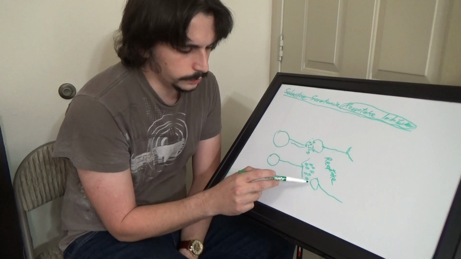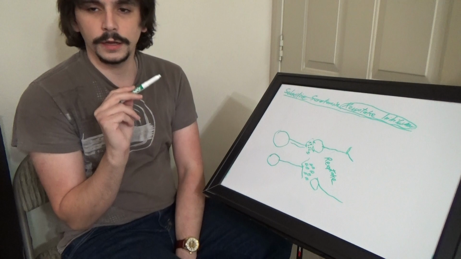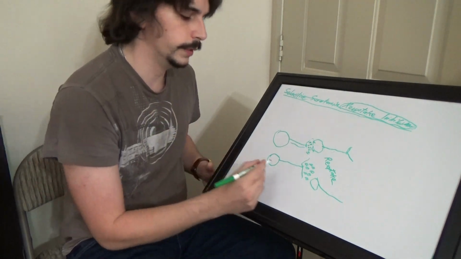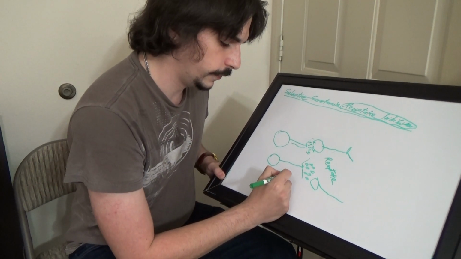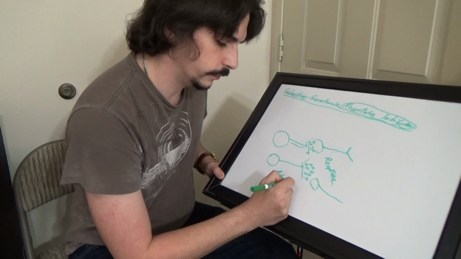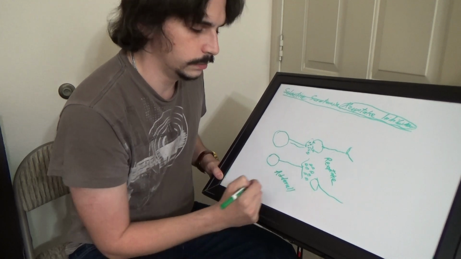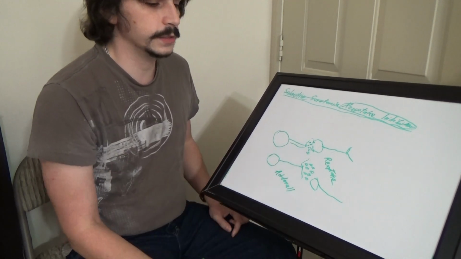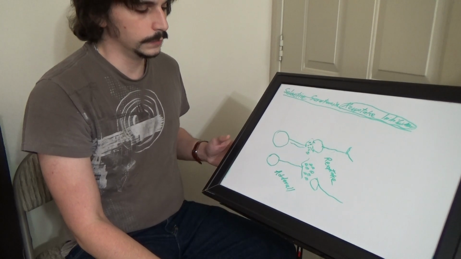In this case it's dopamine, and there are reuptake inhibitors for dopamine as well. The most famous one is called Adderall. It keeps the dopamine in the synapse so you can focus.